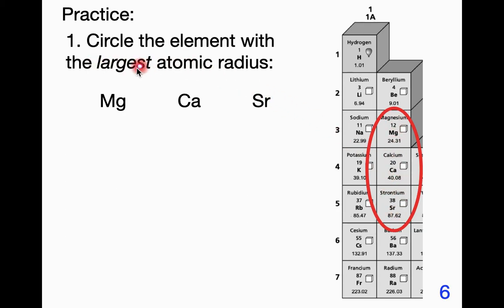Which element has the largest atomic radius? You can pause the video and try to do it yourself. But remember, we just talked about how atoms get larger as we go down. So strontium would be the largest of the three. See, it's pretty simple, pretty straightforward. Another way of looking at it is, it's largest because it's closer to francium.